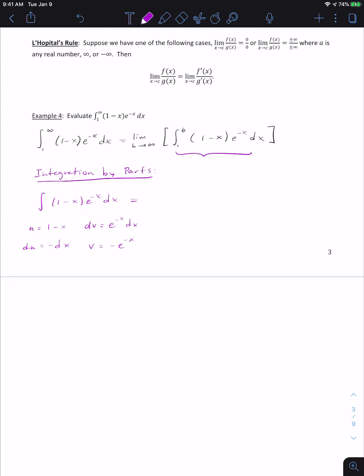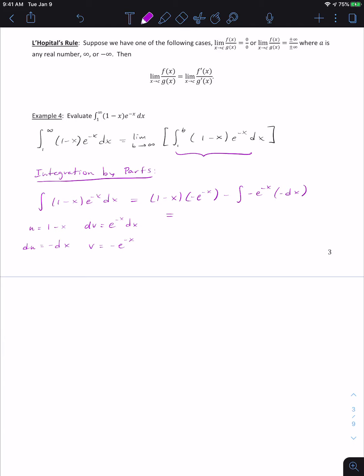So integration by parts says uv, or 1 minus x times negative e to the negative x, minus the integral of v du. So I get negative e to the negative x minus dx.